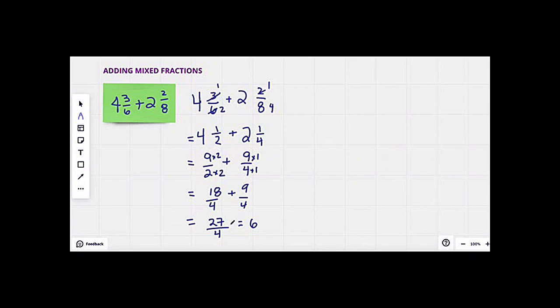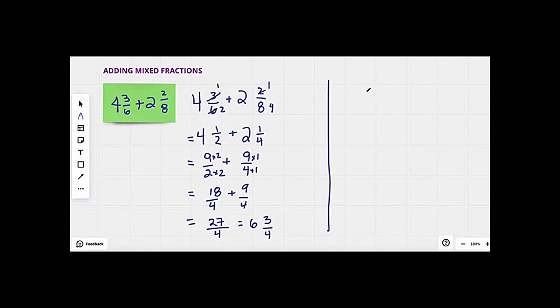That's already above our 27, so we can't use that. But 4 times 6 is 24, which is really close to 27. And we end up with a remainder, and our remainder is 3, and we leave that under our denominator of 4. So that is if we use improper fractions to solve the mixed fraction.